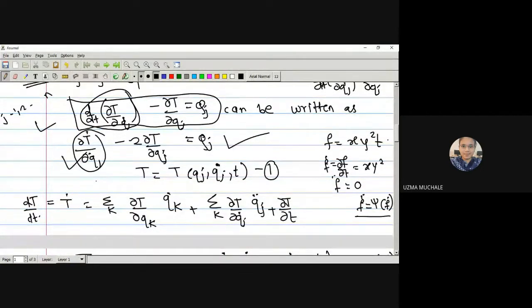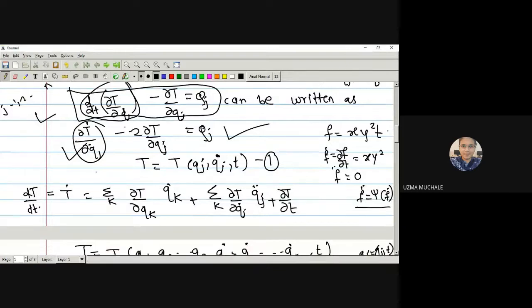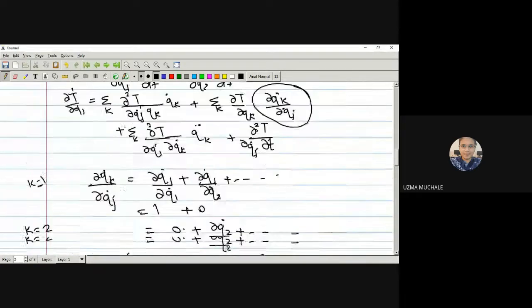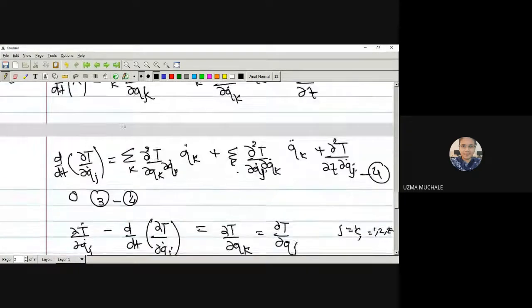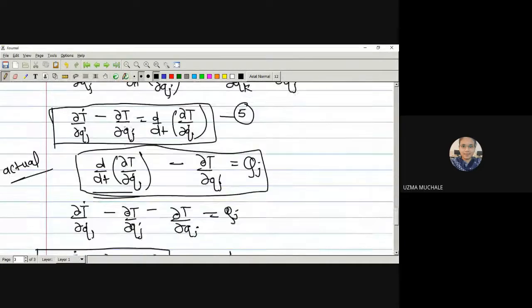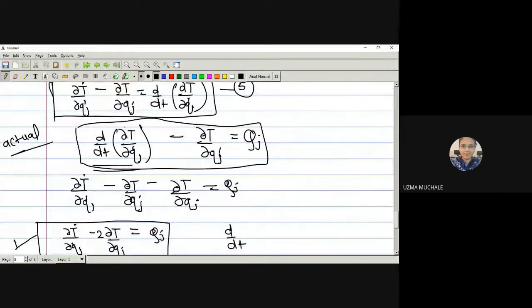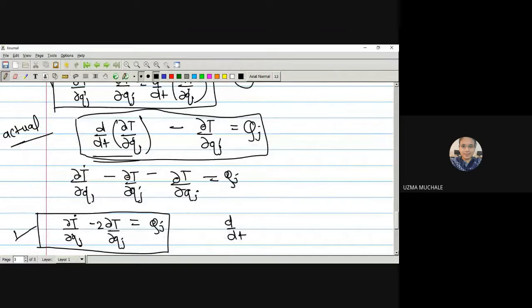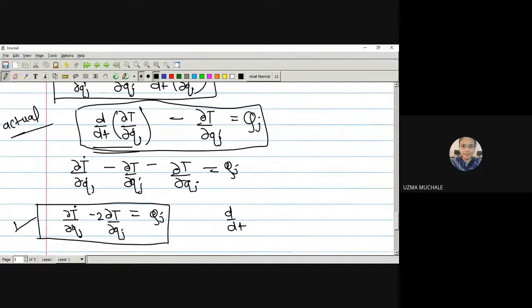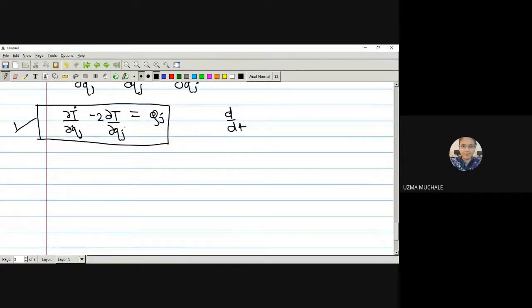Next we have found the value of d by dt of dou T by dou qj dot. After finding all these values, we have just subtracted equation number 3 and equation 4 from 3, and then we have got the result. Then we use our original equation and put in the value of d by dt of dou T by dou qj dot, and you will get the result.